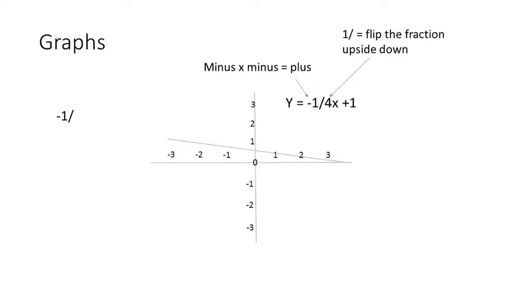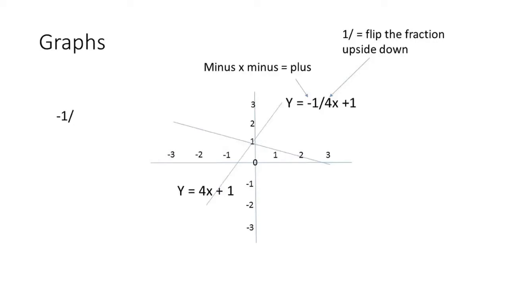So you do a minus times a minus, which is a positive, so that gets rid of the minus, and then you do 1 over a quarter, and if it's a fraction already that means you just flip it upside down, which gives you 4 over 1, which is just 4, so your gradient is 4x. And as you don't change the intercept, it stays plus 1.